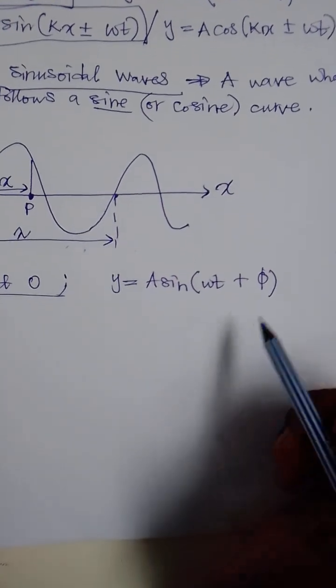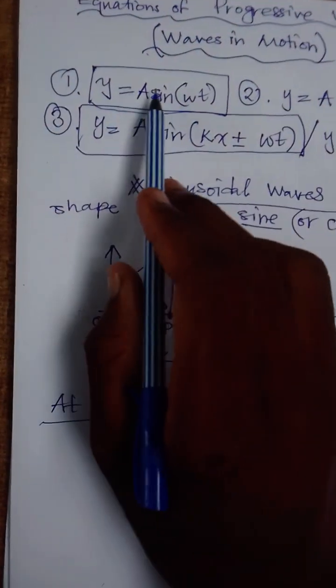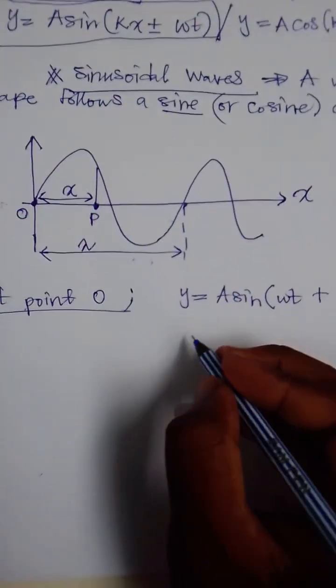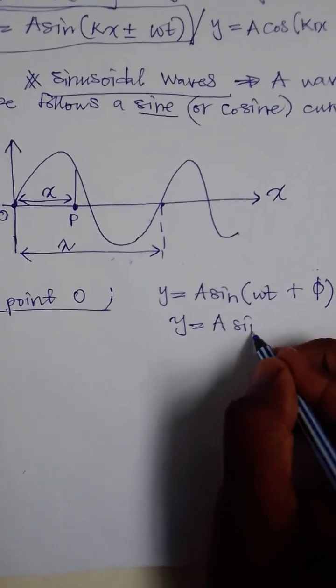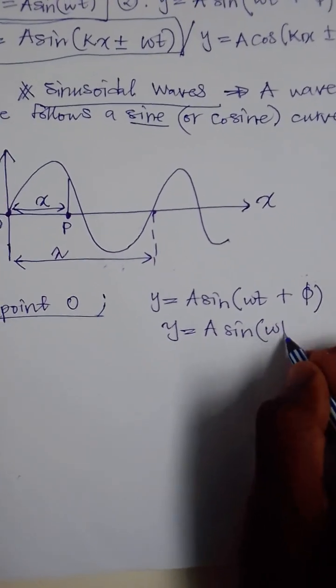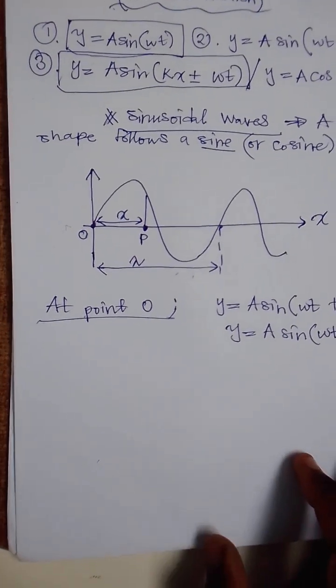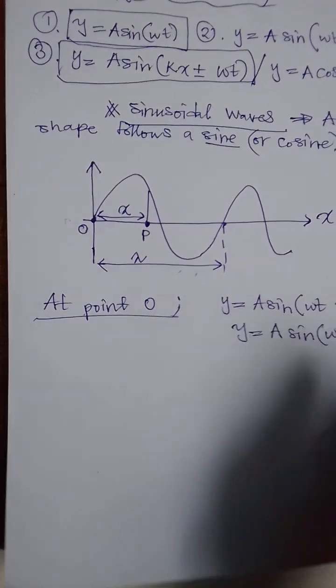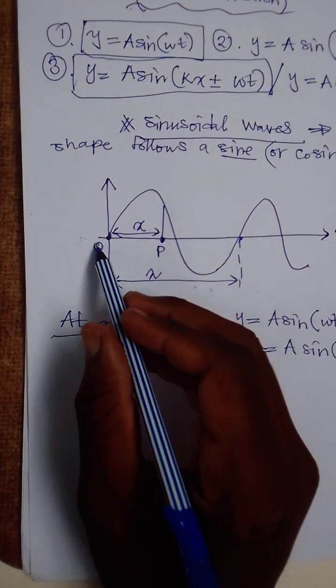But if you don't have the phase shift in your question, you can use this formula. y is equal to a sine wt. I will show you where these formulas are applied. Okay, so these formulas are only used when you are at point O.